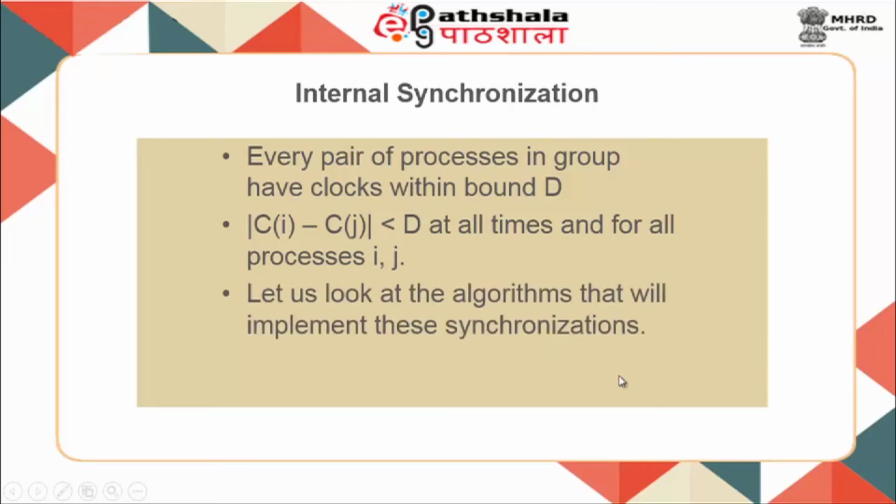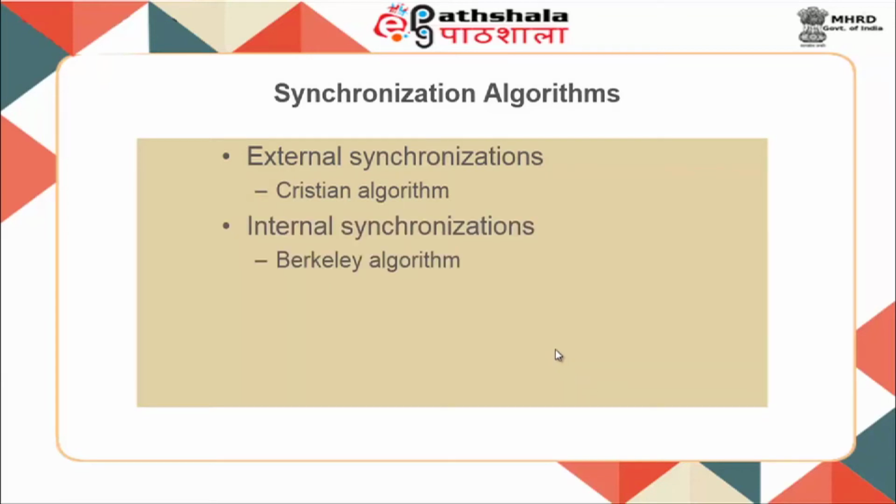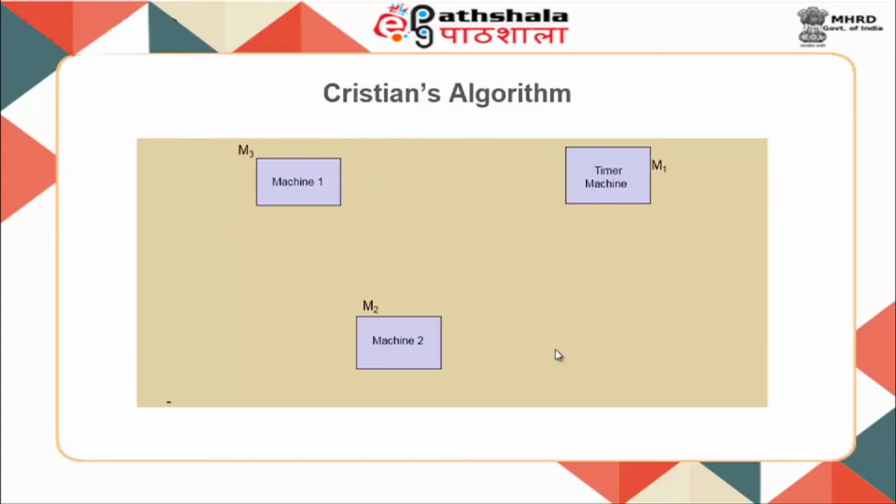Now let us look at specific algorithms to implement the synchronization process. For external synchronization, we will look at Christian's algorithm, and for internal synchronization, we will look at the Berkeley algorithm. So, here is Christian's algorithm.